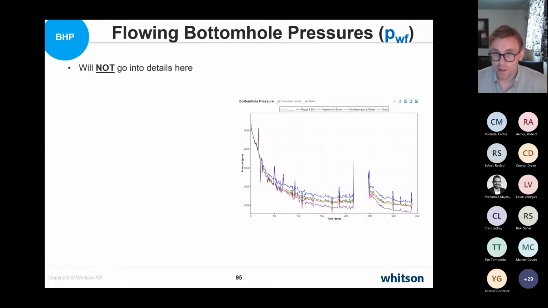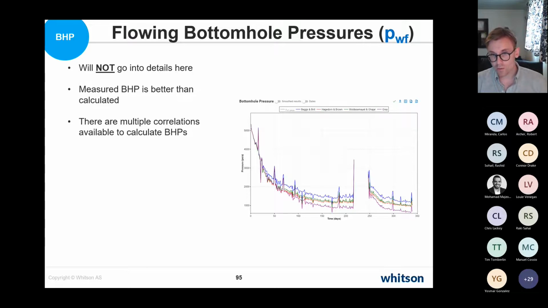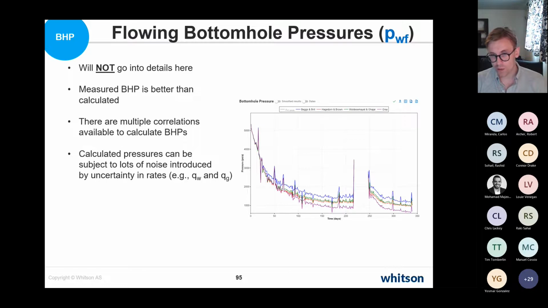We'll not go into any of the details here, but as we all know, measured bottom hole pressures are of course always better than calculated. But I would also say that calculated pressures are better than not having any pressures. There are multiple correlations beyond the four that we mentioned that can be used. But we know that the calculated pressures can be subject to a lot of noise that is just introduced by uncertainty in rates.